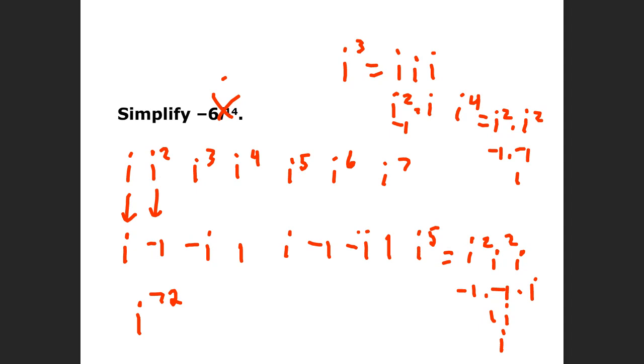So if I divide by 4 and the remainder is 0, my answer is just 1. So for example, if the remainder is 0, my answer, I'm sorry, where's my marker here?